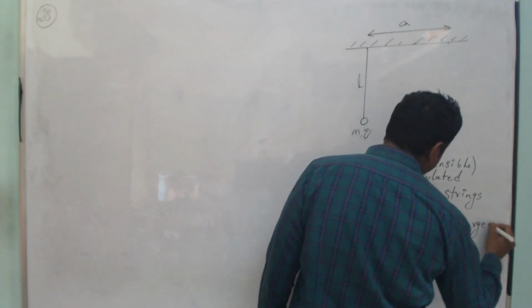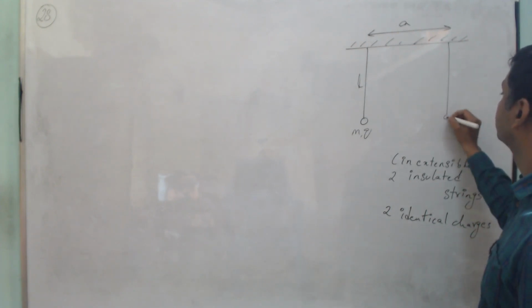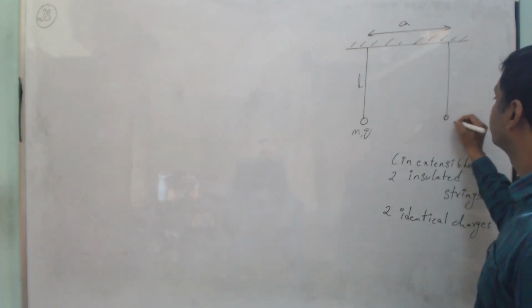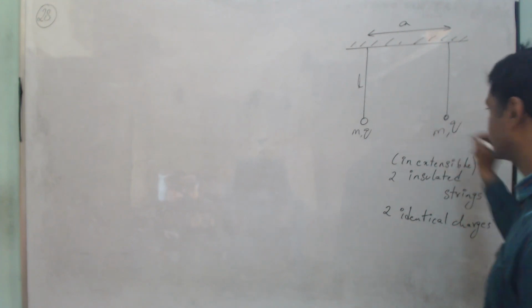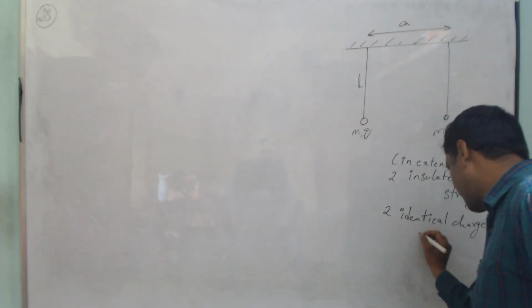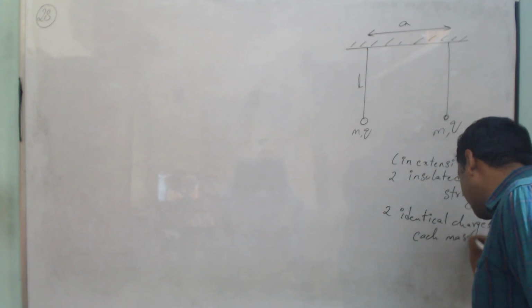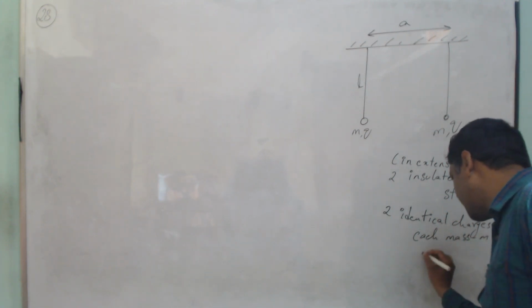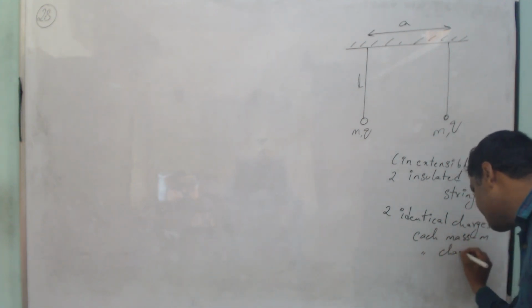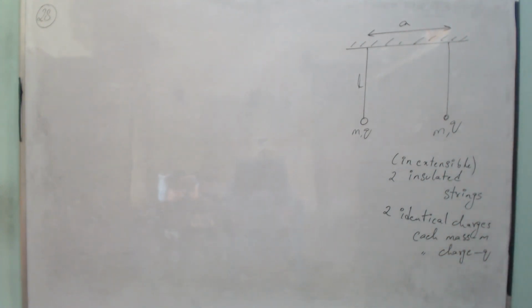Identical charges in the sense both the charges will have the same charge and same mass. Two identical charges, each having a mass M and each having a charge Q. Clear? Both are positive charges.